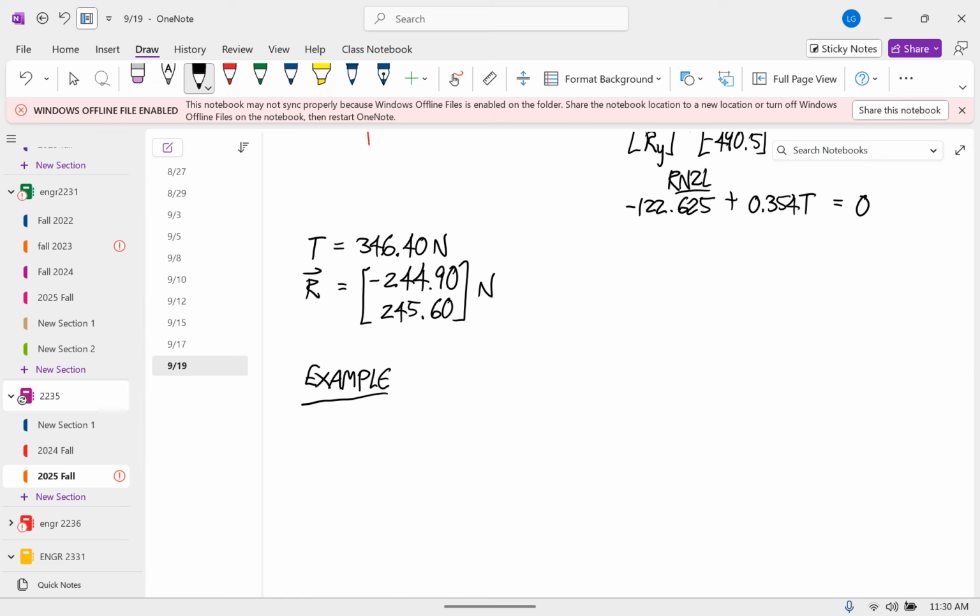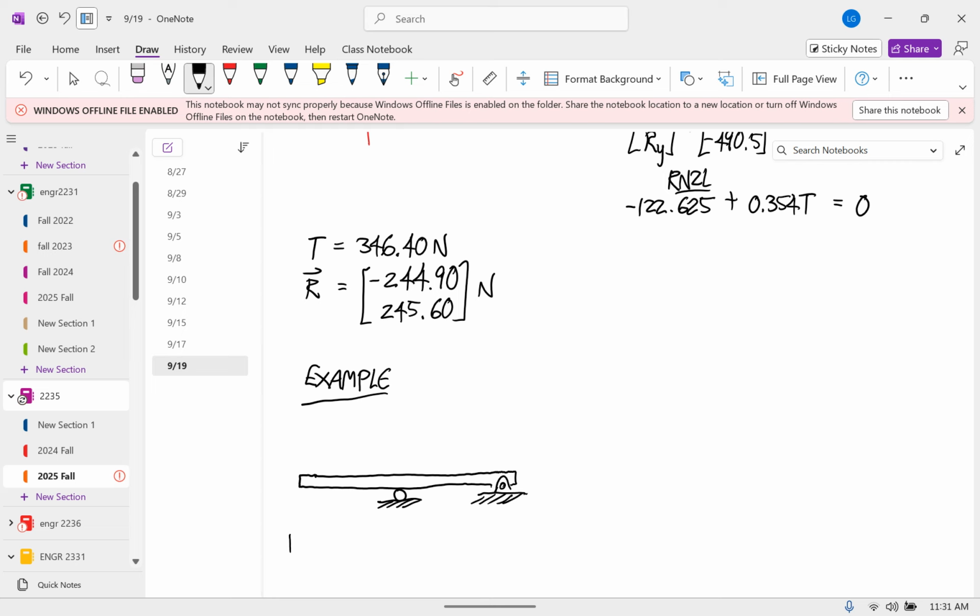So let's say we have a pin joint on this side and a beam, and a roller at the midpoint.